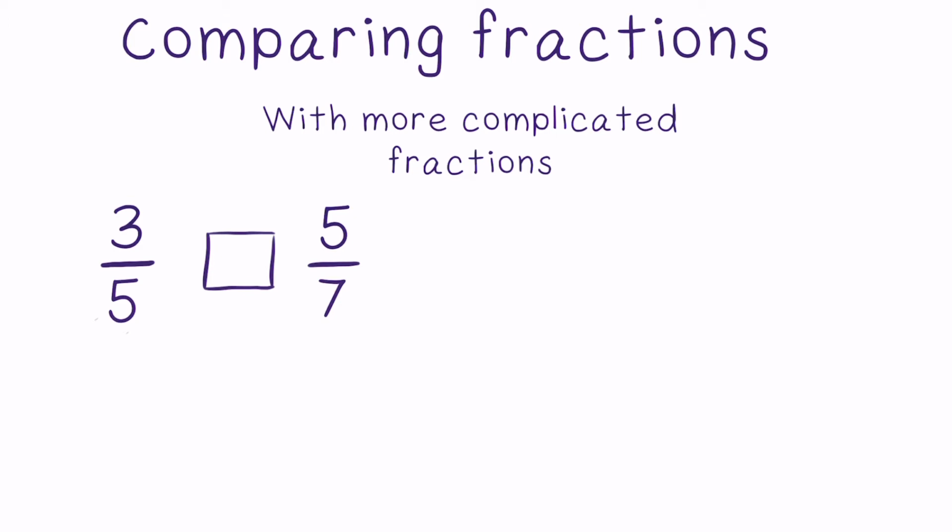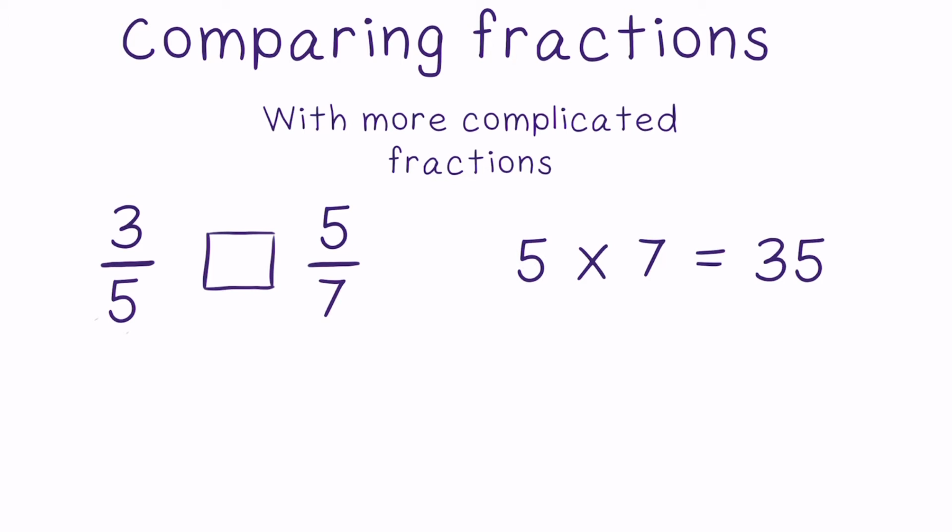So instead, in order to accurately compare these two fractions, we still have to find equivalent fractions for each of them that share a denominator. So we're going to have to somehow convert both of these fractions into equivalents that share the same denominator.